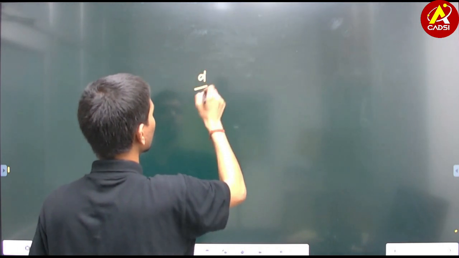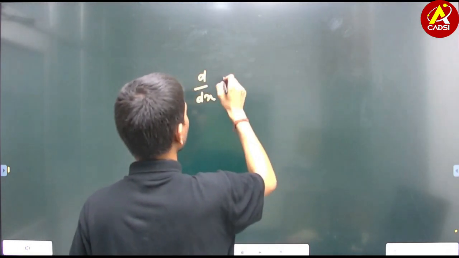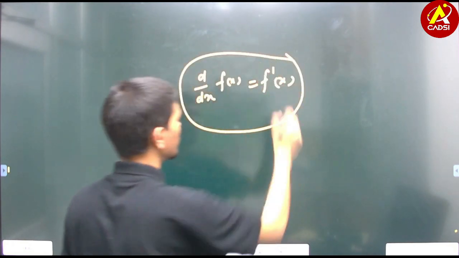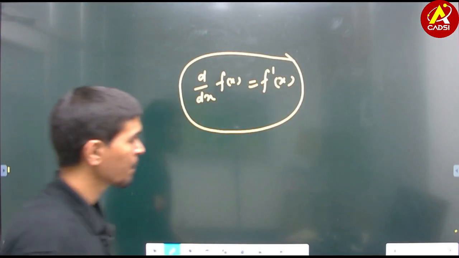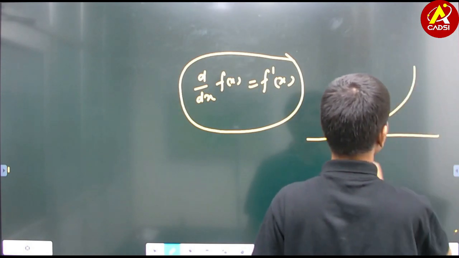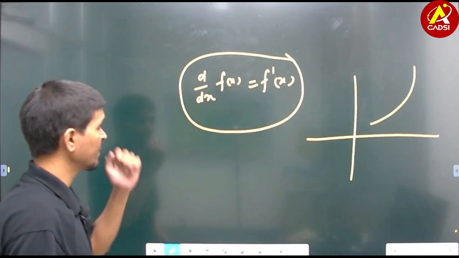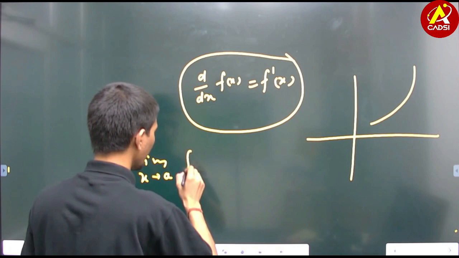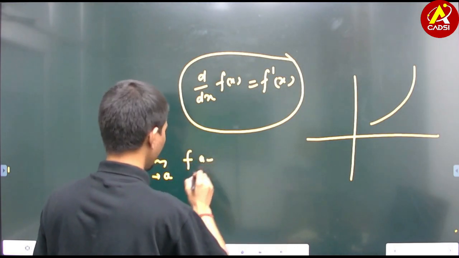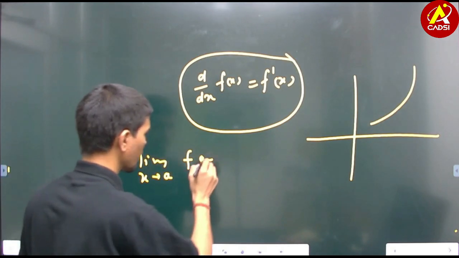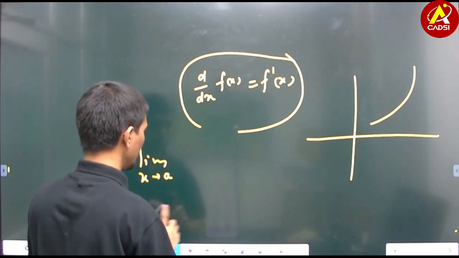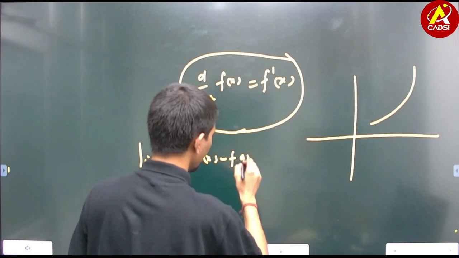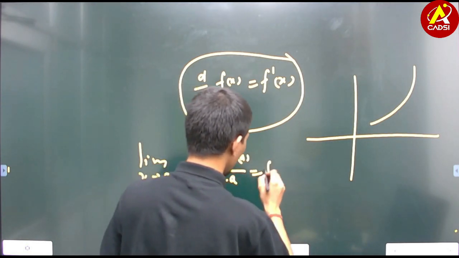Differentiability means that we have to use this concept. The derivative of this function at x equals a, f of a, f of x, sorry: limit of f of x minus f of a upon x minus a equals f dash a.